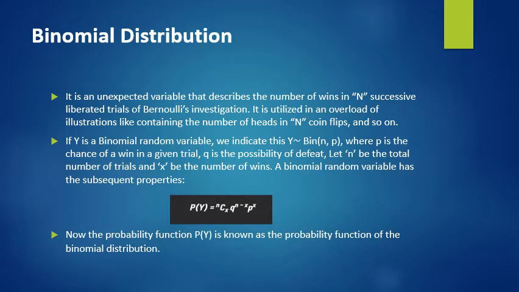Let n be the total number of trials and x be the number of wins. A binomial random variable has the following properties. P of y is equal to nCx q power n minus x p power x. The probability function P of y is known as the probability function of the binomial distribution.